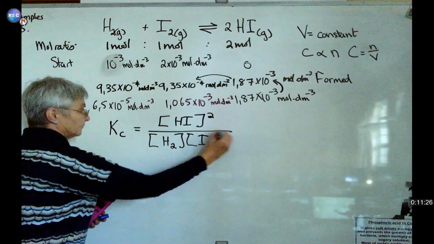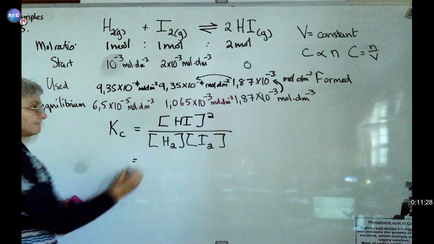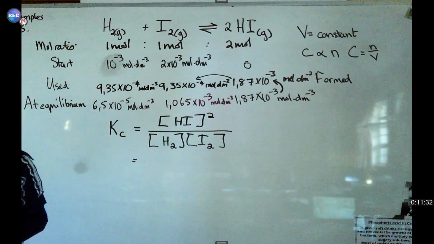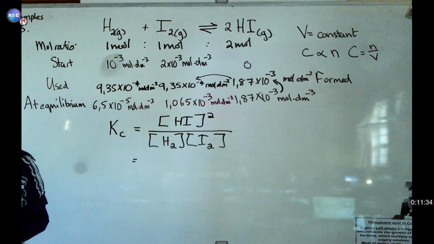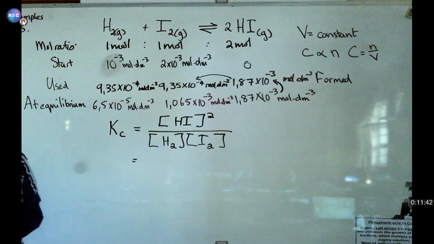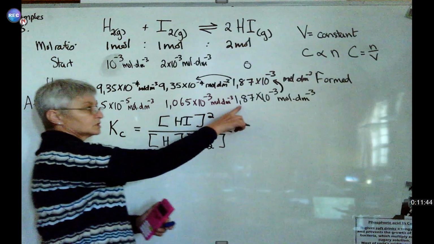So for this, what were we doing? We're calculating the concentration of the HI. The equilibrium concentration of the HI was given.